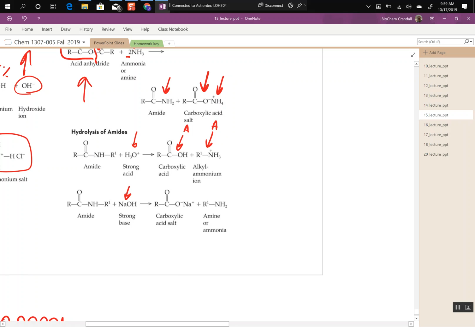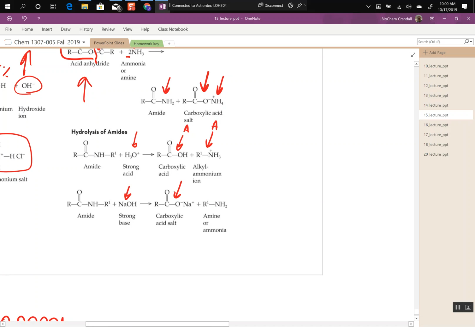Which means that if it's base catalyzed hydrolysis, my products are going to be what? Bases. Okay? What is the conjugate base of a carboxylic acid? The carboxylate. So if I do base hydrolysis here, instead of getting a carboxylic acid, I'm going to get my carboxylate.